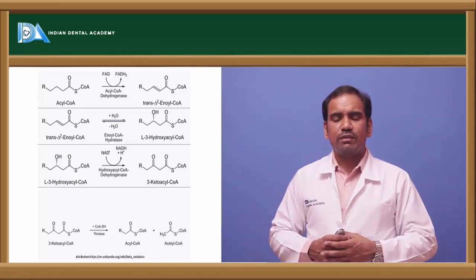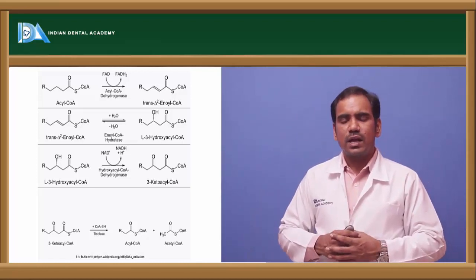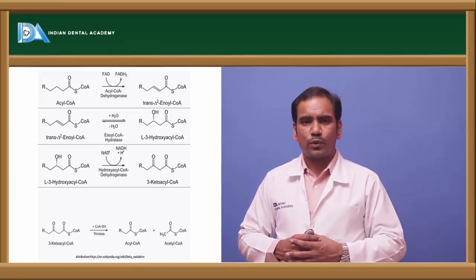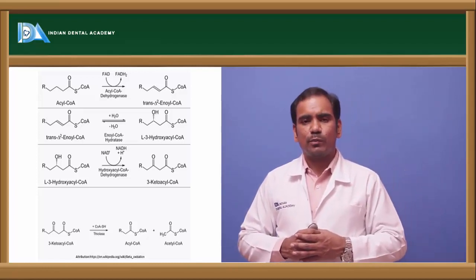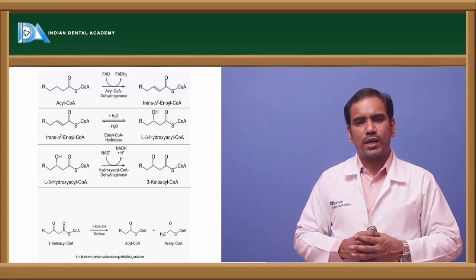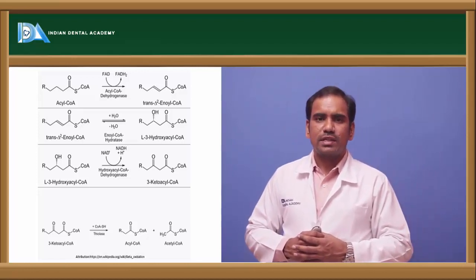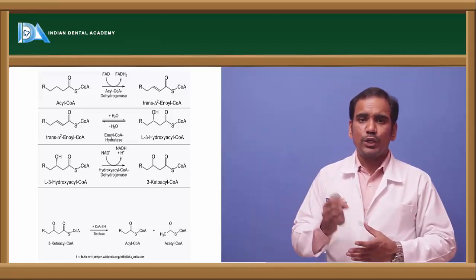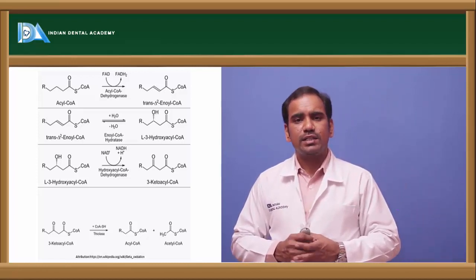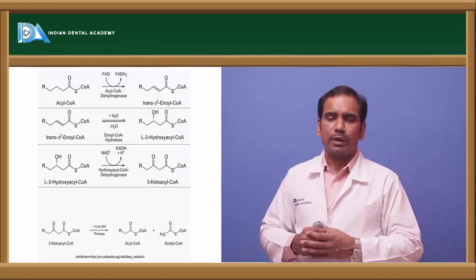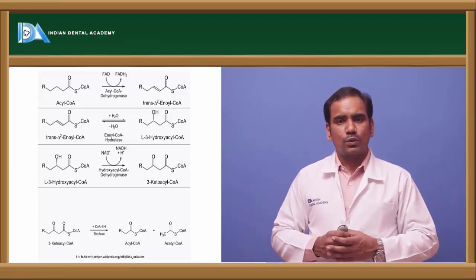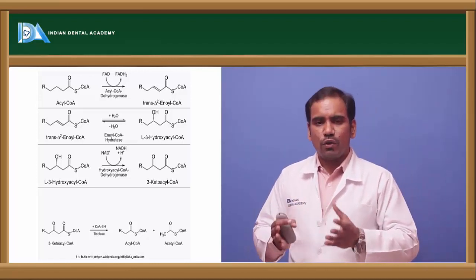So 7 turns of beta oxidation occur, and 7 cycles will produce 7 FADH2 and 7 NADH. So 7 FADH2 into 2 and 7 NADH into 3. There you can calculate the number of ATPs from NADH and FADH2 generated in beta oxidation.